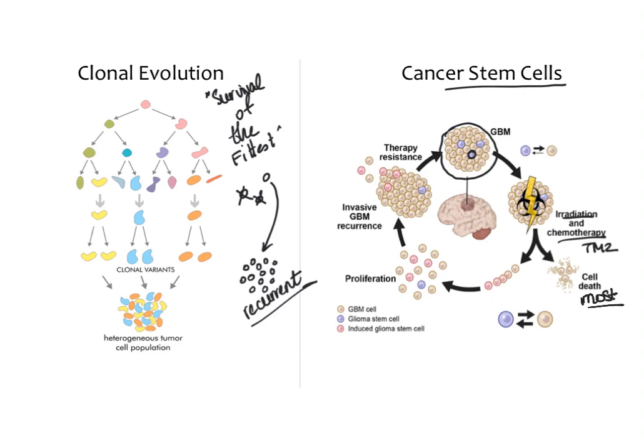However, some of the cells survive and actually become more stem-like, and the existing stem cells are still there. And so together, these cells are able to proliferate and form a new tumor that is the recurrent tumor. And so in the glioma stem cell hypothesis, it's a few stem cells that are able to drive this resistance and the heterogeneity and create a whole new tumor.